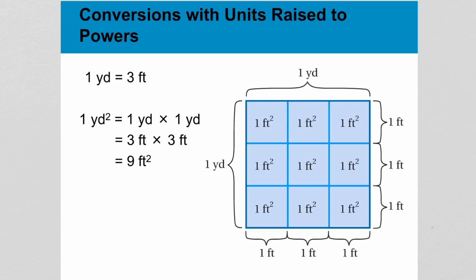We have to break this down. 1 yard squared is the same thing as 1 yard times 1 yard, which would be 3 feet times 3 feet. 3 times 3 is 9, and feet times feet is feet squared. And here's a picture to help you see. Yes, 1 yard is 3 feet, but if we're squaring that, then we end up with 9 feet squared.